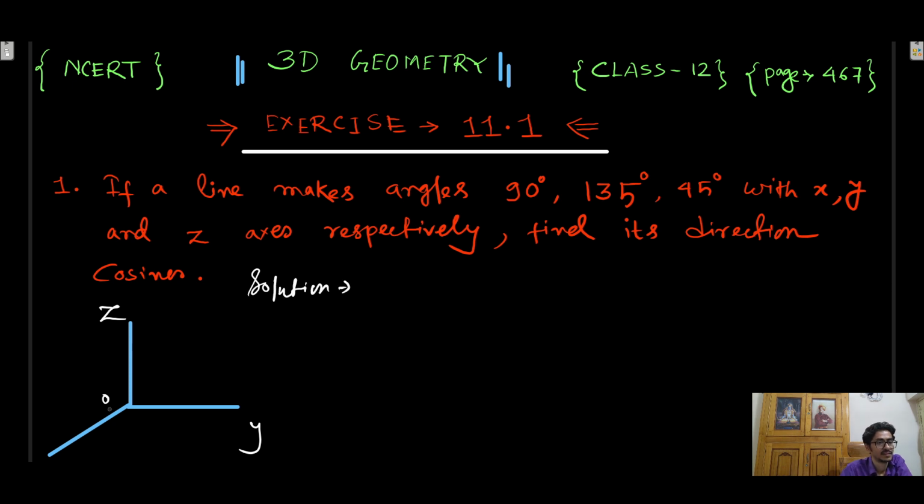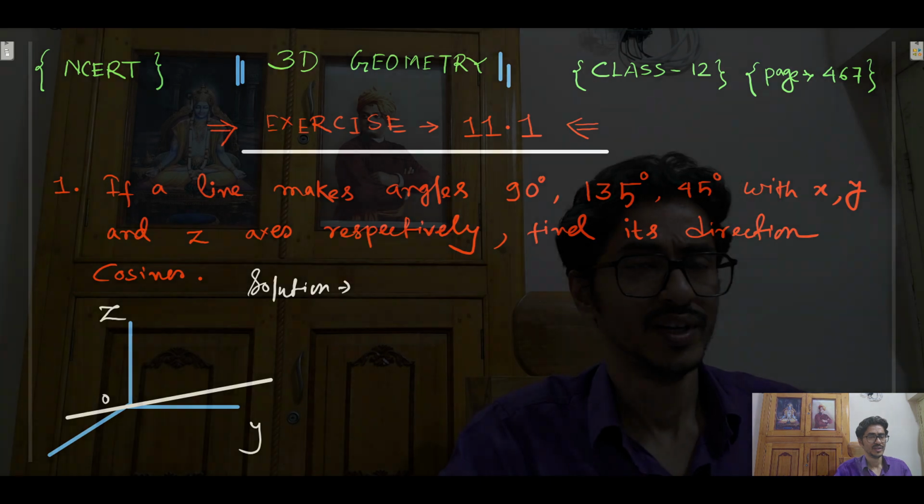Now a line is given in such a way that it makes angle 90 degree with x-axis, 135 degree and 45 degree with y and z axis respectively. So from lecture 1 we can say easily that the direction angles of this line are given.